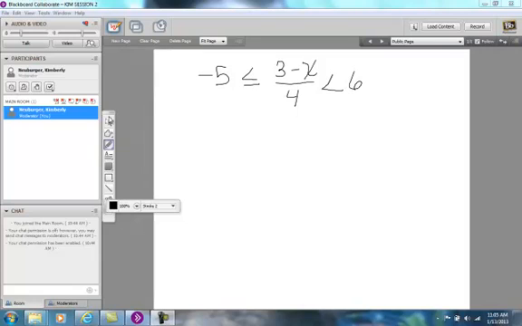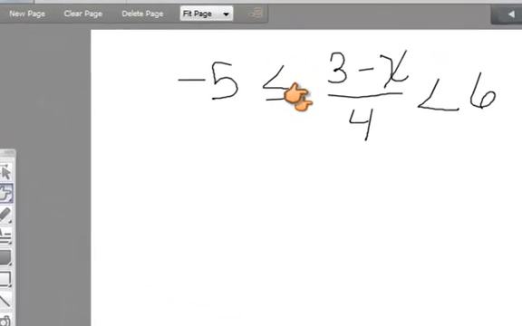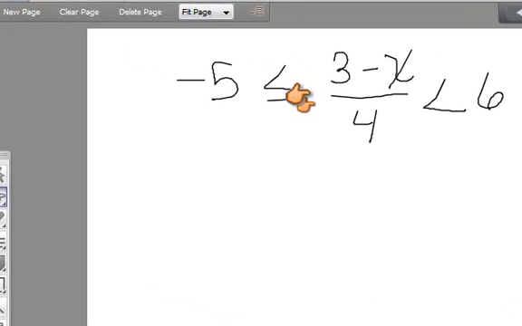In this example, first notice that we have a fraction in the middle here. We need to make that fraction go away. We can multiply everything in the compound inequality by the least common denominator, which is 4, for this to happen.